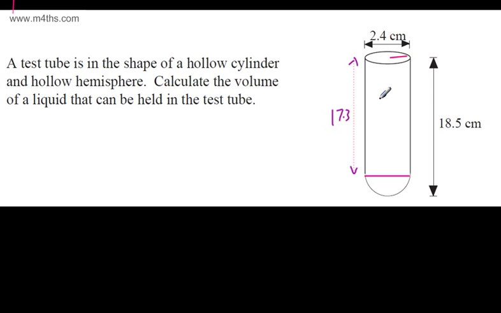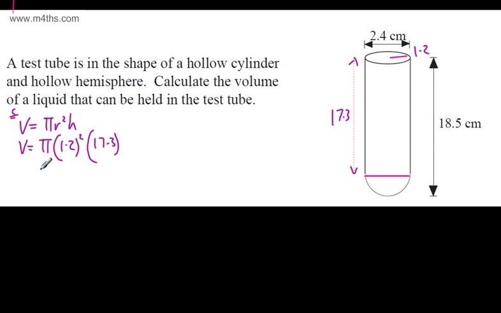So we've got a cylinder, and the cylinder is going to have a radius of 1.2 and a height of 17.3. So the volume, and this is going to be the cylinder, is going to be pi r squared height. So the volume is going to be pi multiplied by the radius squared, which is 1.2, multiplied by 17.3.